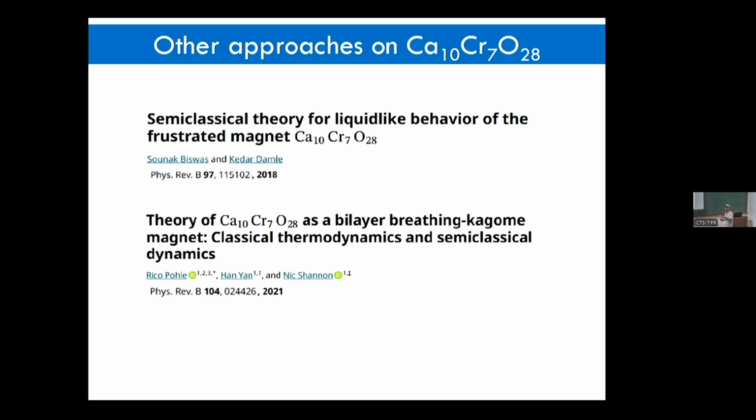There is strong frustration, and therefore we do not see any classical order down to 20 milli-K when the exchange scale is of order 10. So therefore, there must be some quantum fluctuations present in the system. But we can discuss later.